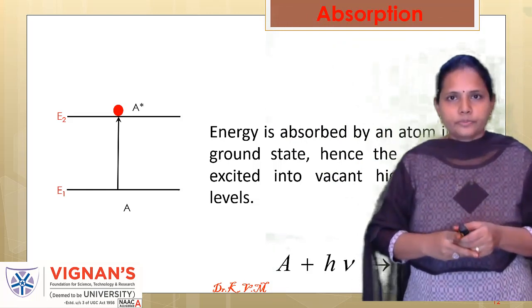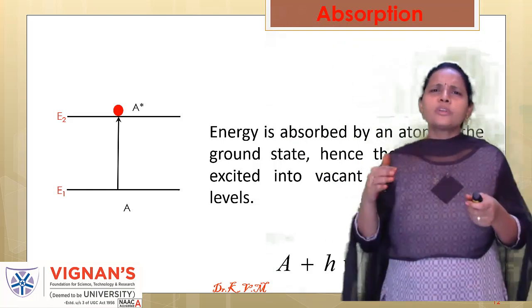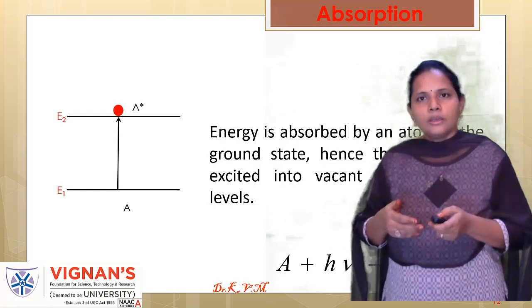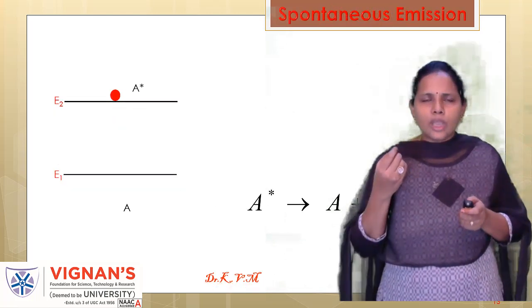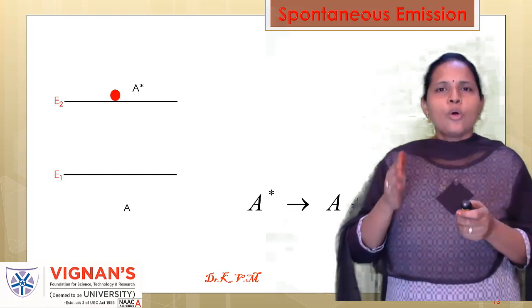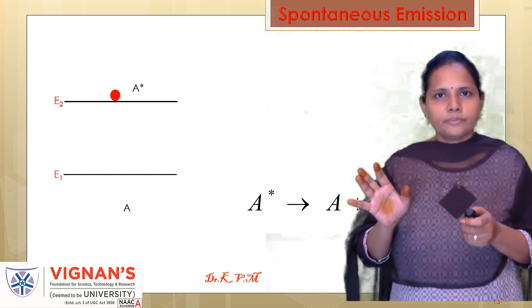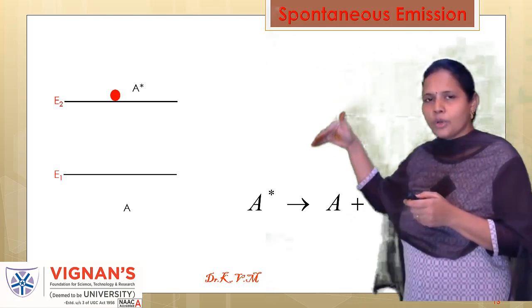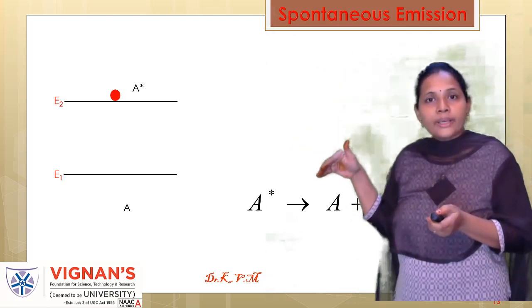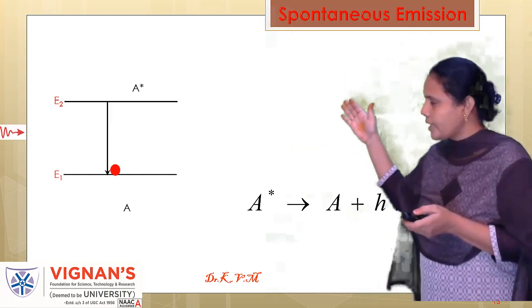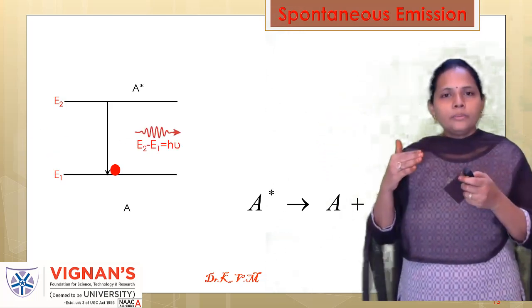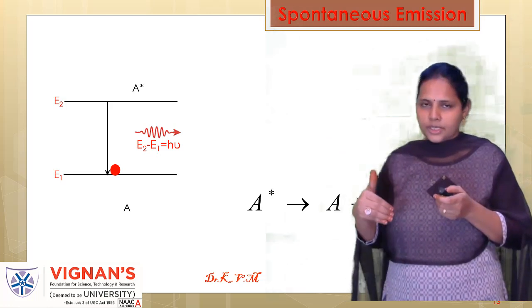which is A star. What happens after it gets excited to the higher energy level? Each atom can stay in the higher energy state only up to its lifetime. After its lifetime, it automatically goes down by releasing the same energy h nu so that the atom goes to the ground state.